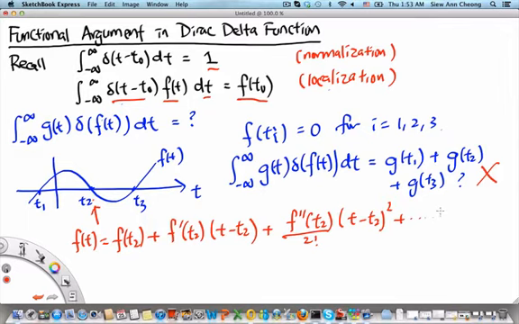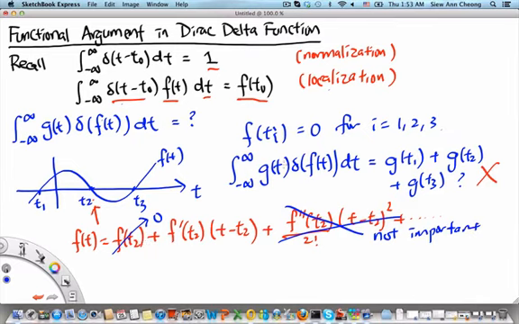Now for the purpose of substituting f of t inside the Dirac delta function, we note that this is 0 because it is at one of the zeros of f of t, and the higher order terms are not important. Only the linear term is important.